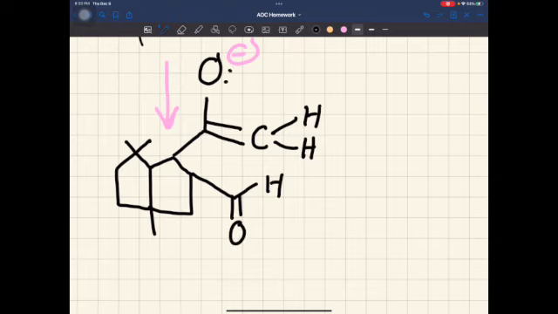So what happens is this oxygen with the negative charge is going to use its electrons. It's going to push down here, breaking this pi bond and connecting it straight across to the carbon on the aldehyde, which in turn breaks the carbon-oxygen pi bond.